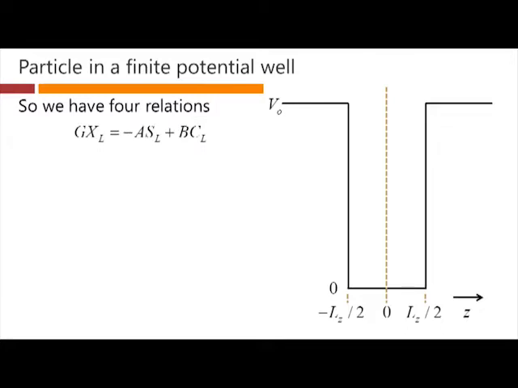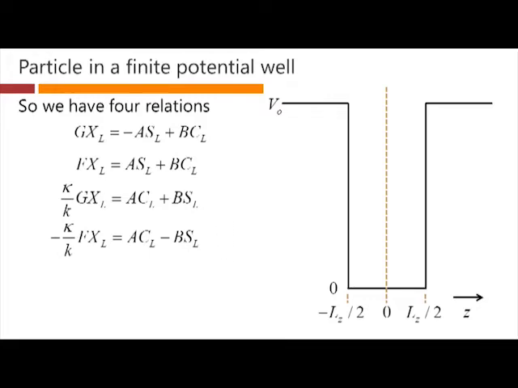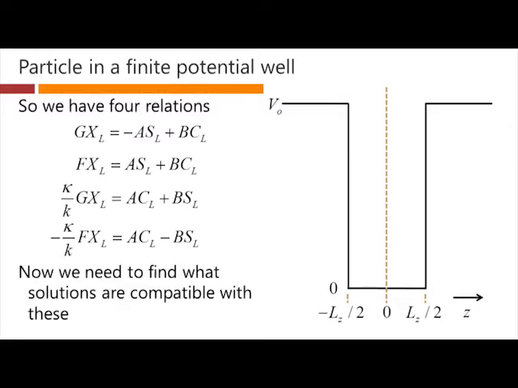So we've got four relations, these two from the continuity of the wave function, and these two from the continuity of the derivative of the wave function. Now what we need to do is to find what solutions are compatible with these relations that we've derived from the boundary conditions.